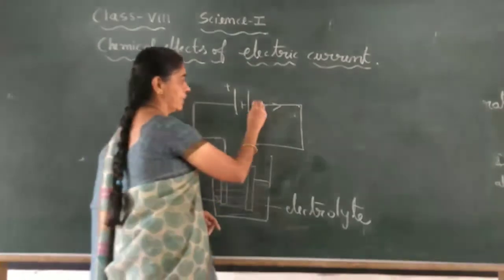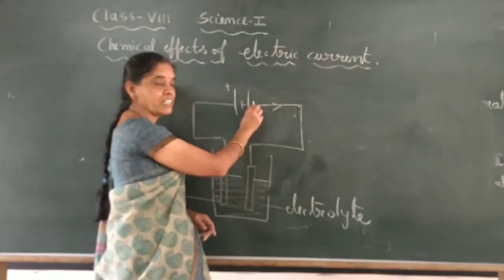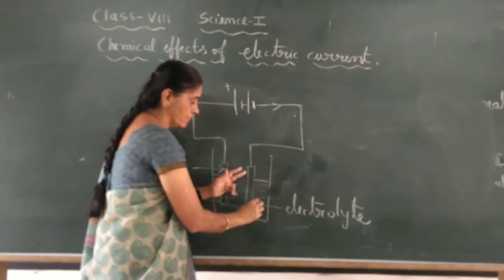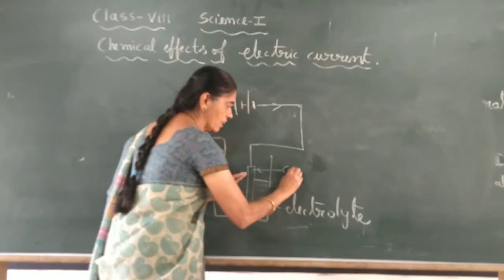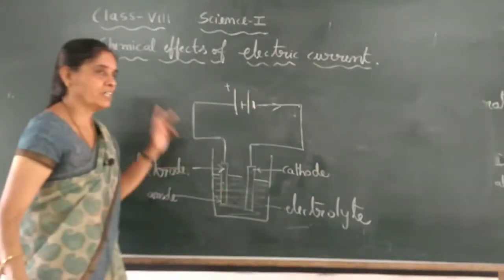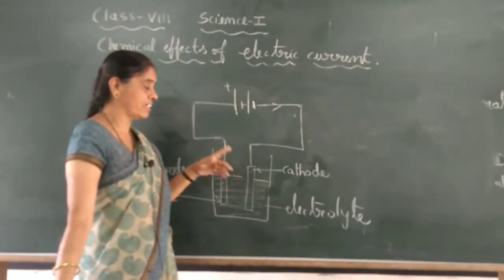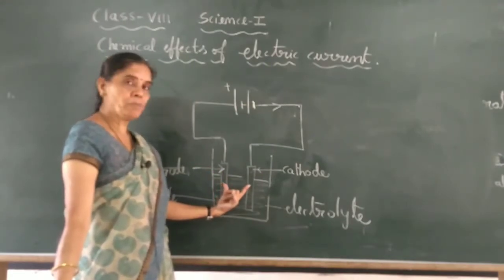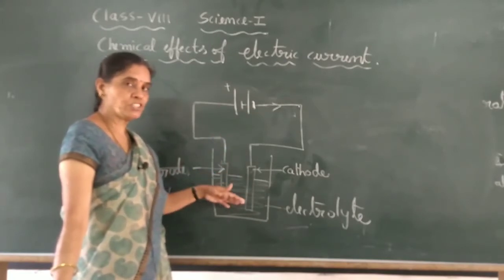And the negative terminal of the cell, indicated by the small line symbolically here, is connected to the other metal. This electrode is called the cathode. In the chemical effects of electric current experiments, we use two metal plates dipped partially in the electrolyte, the liquid you have to test.